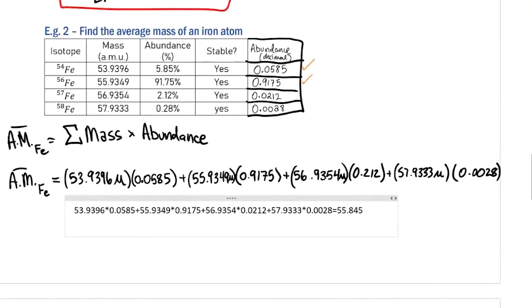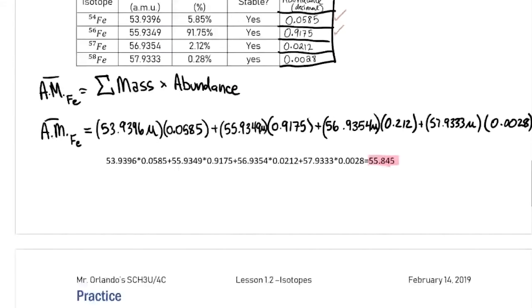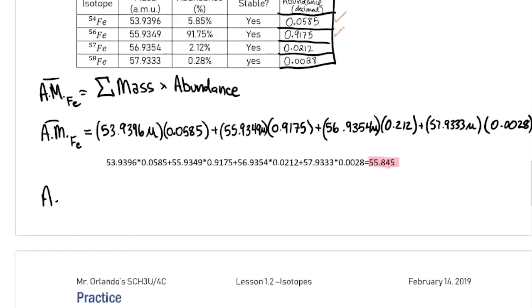And if all goes according to plan, we get the right answer. So check your math, make sure you get the same that I got. And if you don't, be aware that it's just as likely that I'm wrong as you are. But of course, I will check this before I actually post it online.